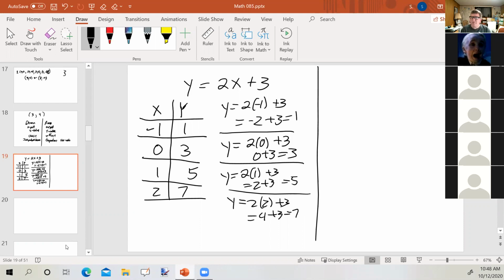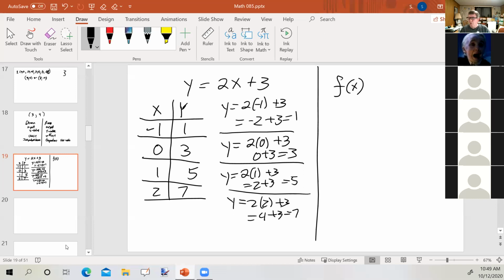But because it's a function, there is a different symbol that we're going to use in place of y. And that symbol looks like this. Now, that's sort of an italicized F. The way you say it is f of x.